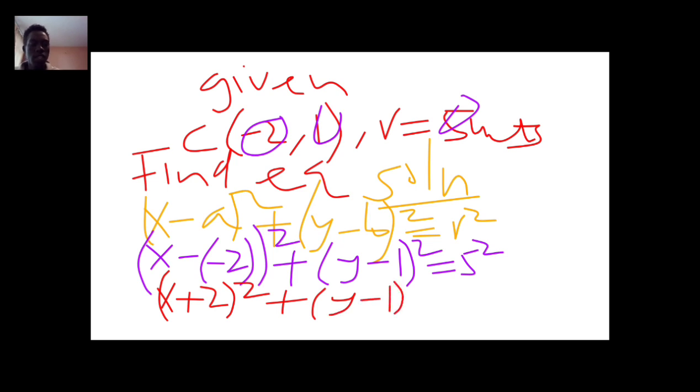Here there is no change. Square is equal to 25, and this is going to be your equation for that circle. The equation is x plus 2 square plus y minus 1 square is equal to 25, and that is how you can simply calculate questions related to these kinds of questions.